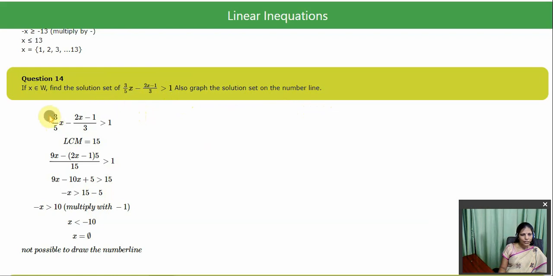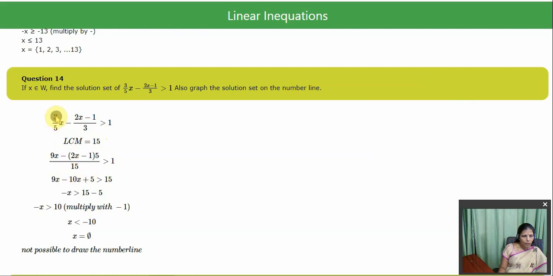Now the question is 3x/5 - (2x - 1)/3 > 1. Now here you have two fractions, so you have to simplify and make it one fraction. How will you subtract? You need to make them like fractions. So what is the LCM here, the common multiple? It is 15.